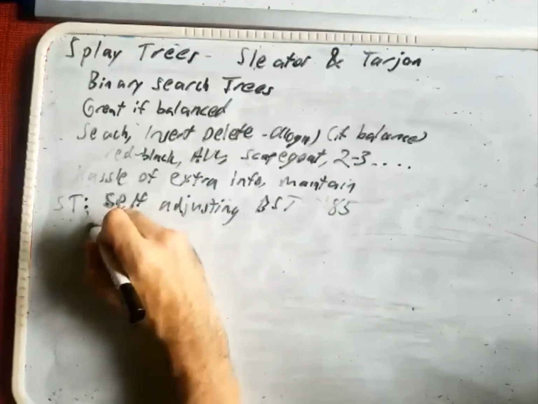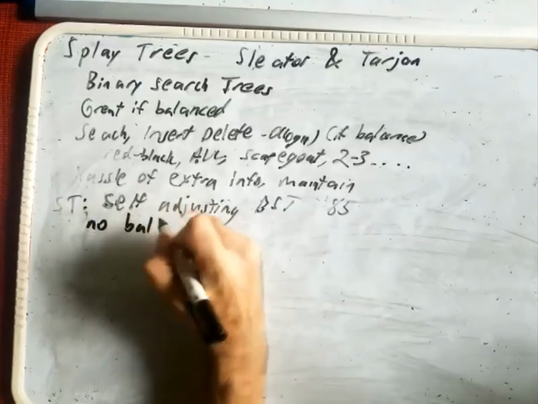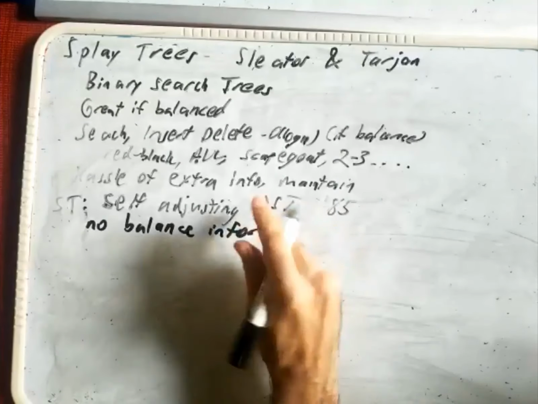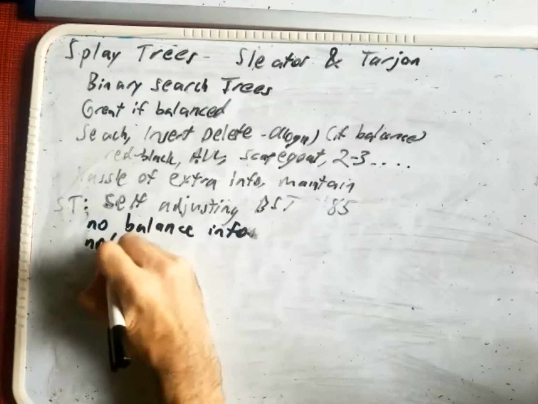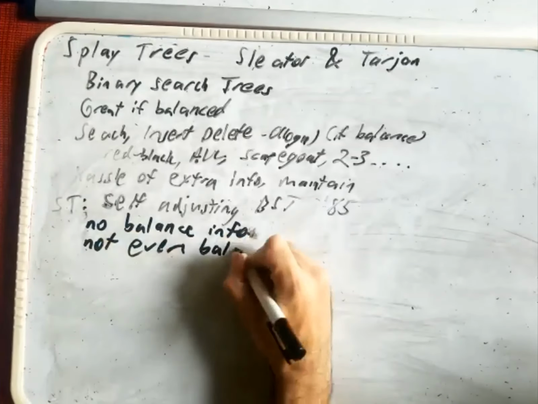What's amazing about them is that they keep no balance information at all. All you have is a bare binary search tree. No bits, no 2-3s, no size, no counts of sizes of subtrees. All you have is the binary search tree. And as a result, it's not even balanced, right?